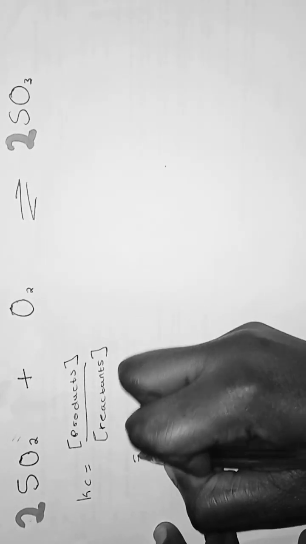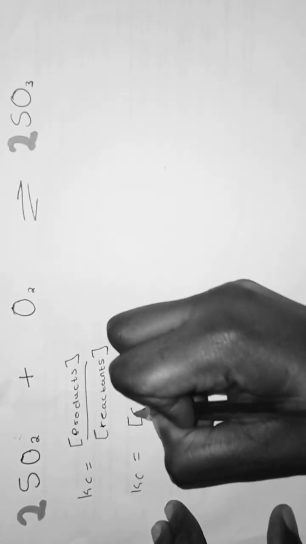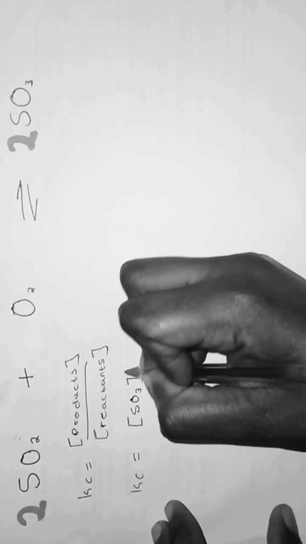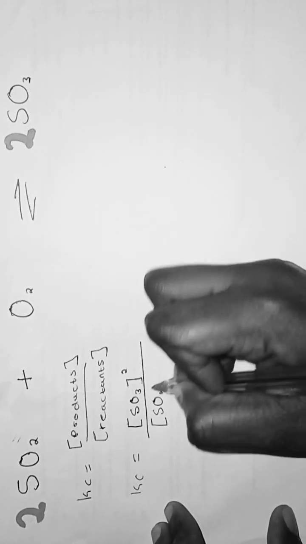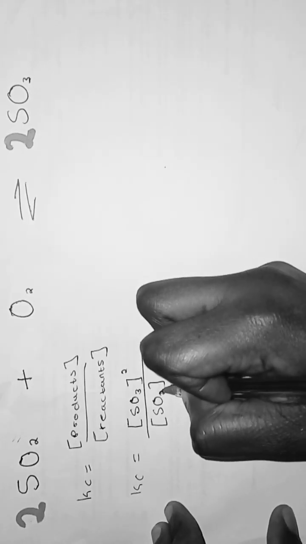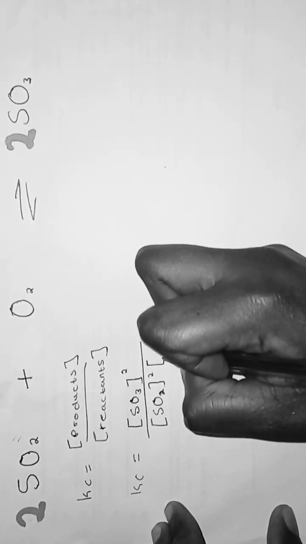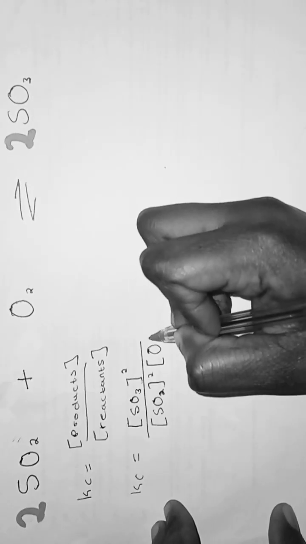So Kc: the product is SO3 all over 2, and the reactants are SO2 all over 2 O2.